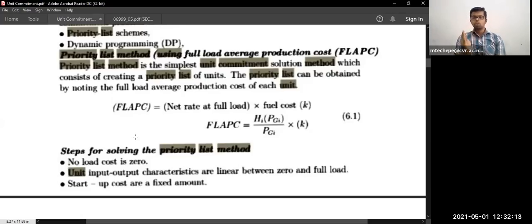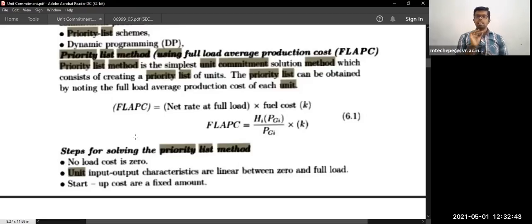So if you are going for solving this unit commitment problem, you know the complexity: for 5 generating units, how many combinations there are for committing each generating unit. For 1 hour, the combinations are many. So we consider certain assumptions and solve the priority list method.